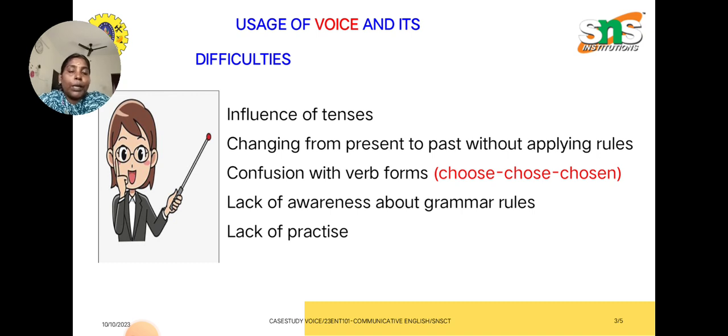If new verbs come up, they find it difficult to know the right answer for the past tense or past participle form. So they don't have a clear idea of it. Next is lack of awareness about grammar rules, and lack of practice for any type of grammar topic. Lack of practice will not yield better results.